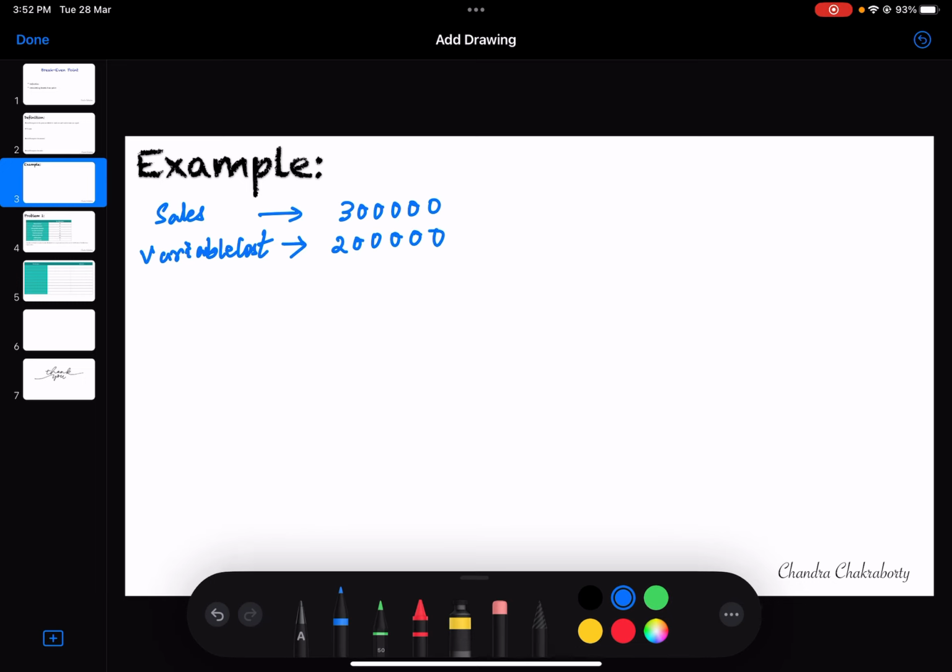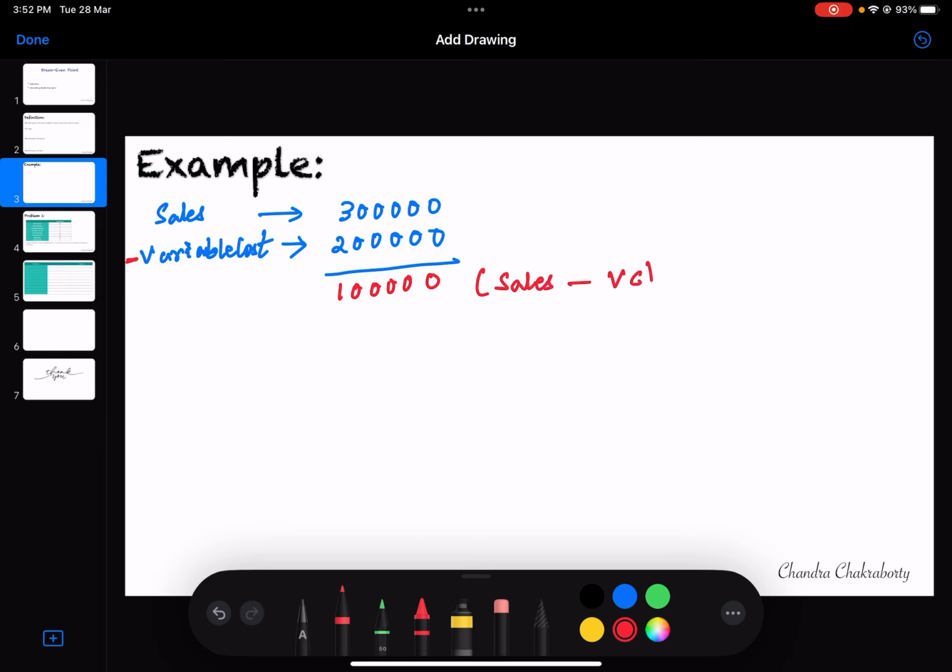Now you have to deduct variable cost from sales. That means sales minus variable cost. This will be 1 lakh. How do we get that? Sales minus variable cost. This becomes your contribution.